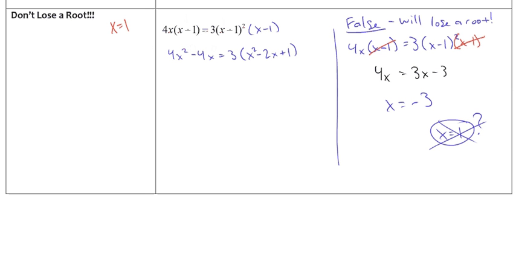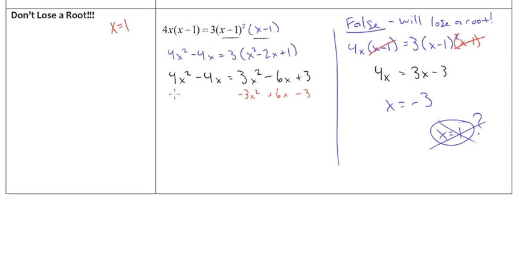And then we distribute that 3, and make sure you do your exponents first. That's why we squared that part there. We get 4x squared minus 4x equals, now we can distribute that out, 3x squared minus 6x plus 3. Okay, going to subtract 3x squared from each side. Going to add 6x to each side and subtract 3 from each side.